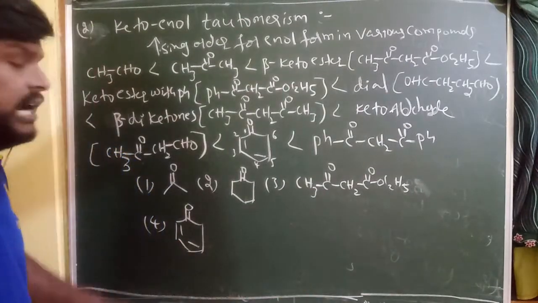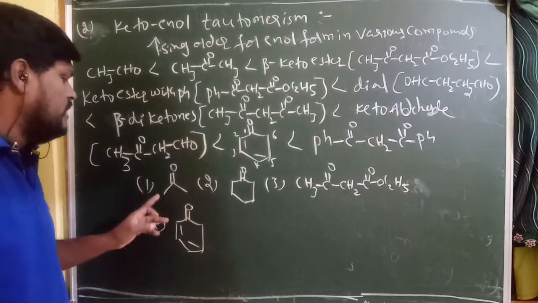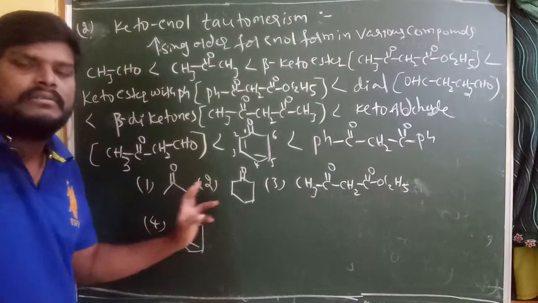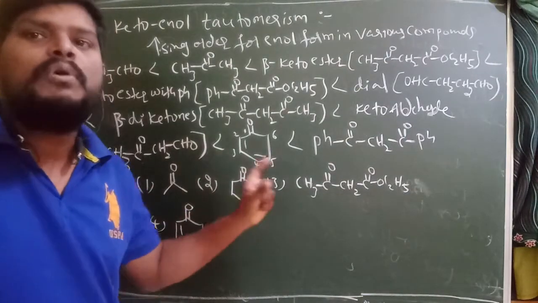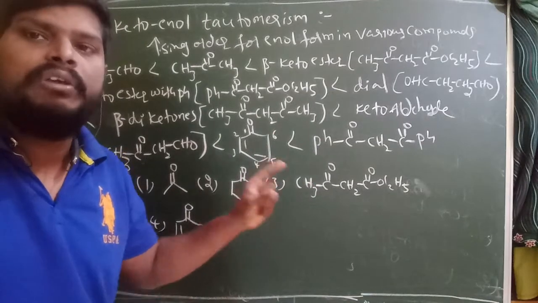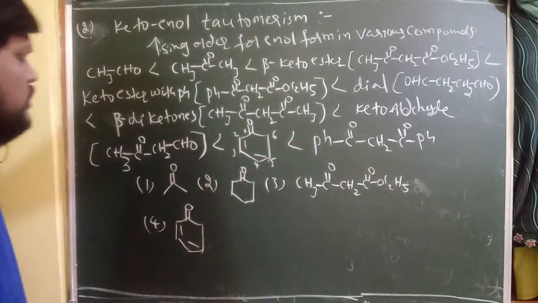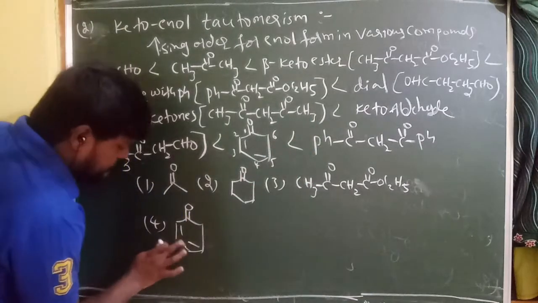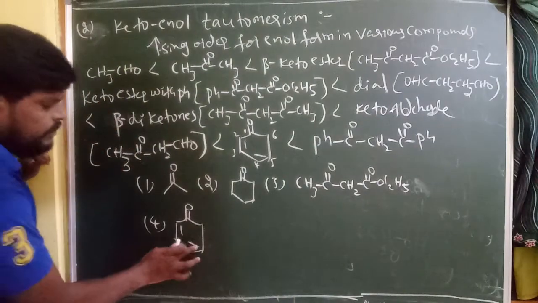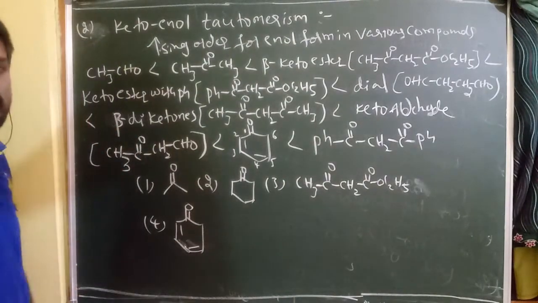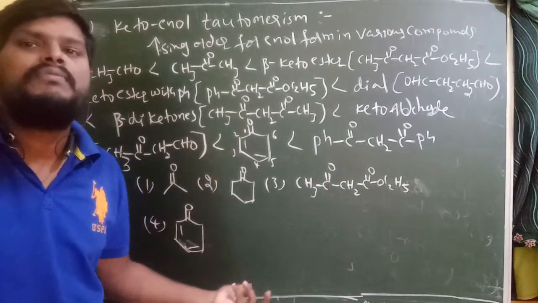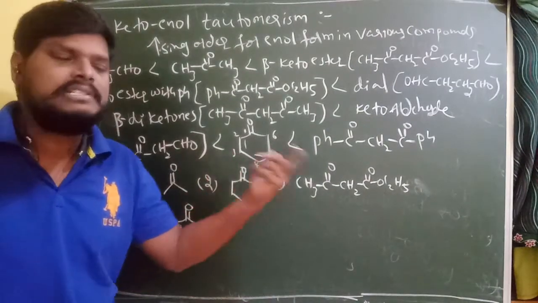So among these four options, which one gives more enol content or more enol form percentage?